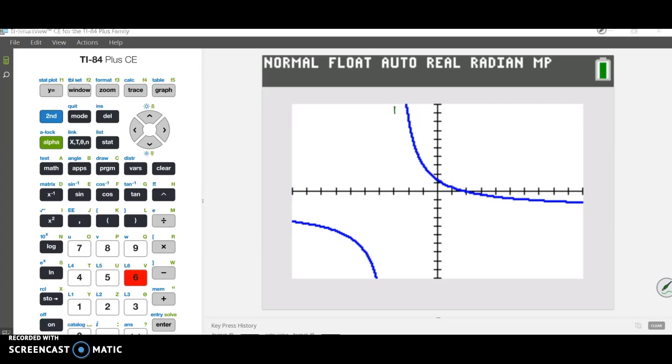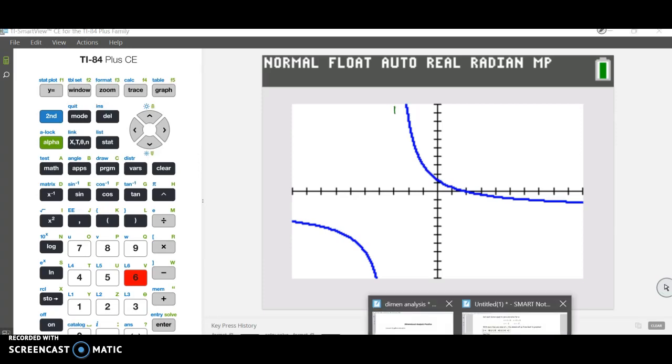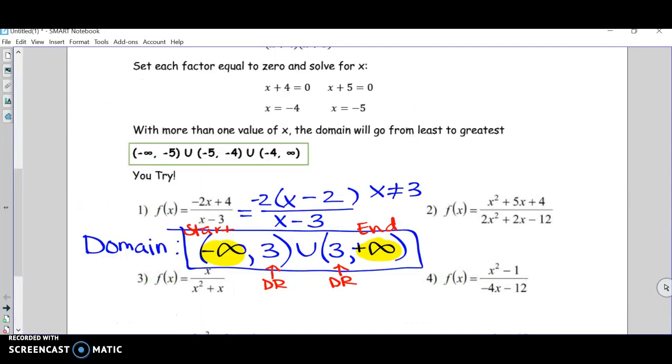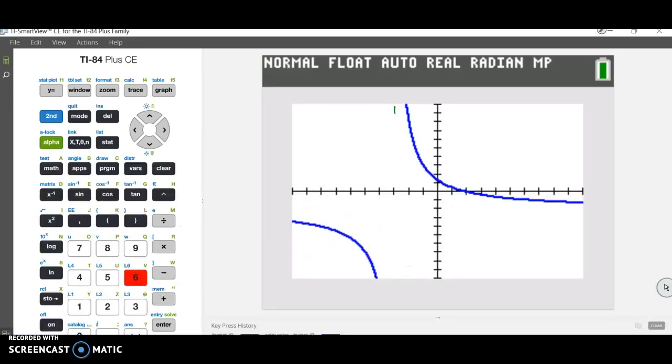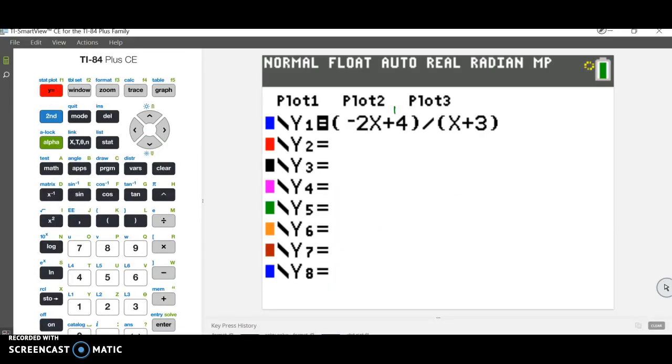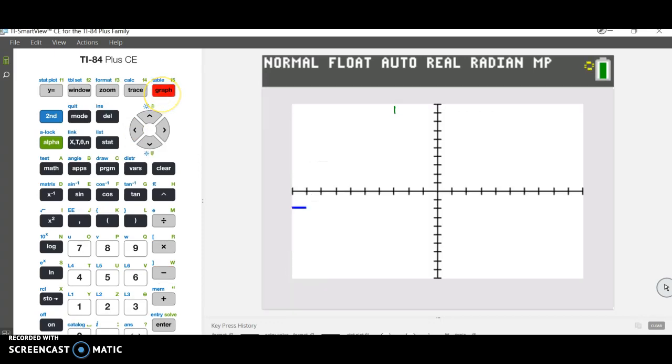Yep. Did I not put it right on here? Oh, I typed it in wrong. I put +3 over here. My bad. Let me regraph that one. It'll definitely change it up a little bit.